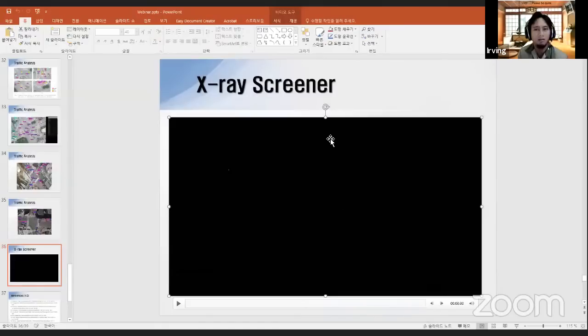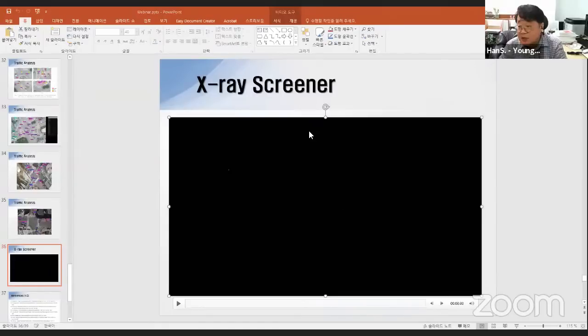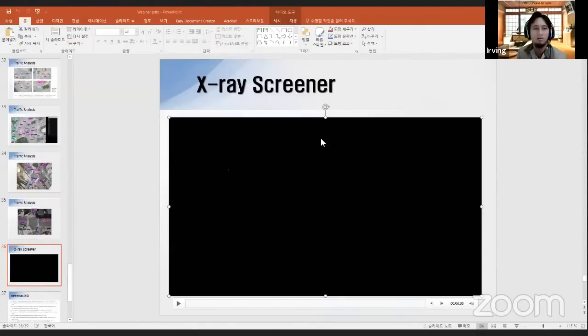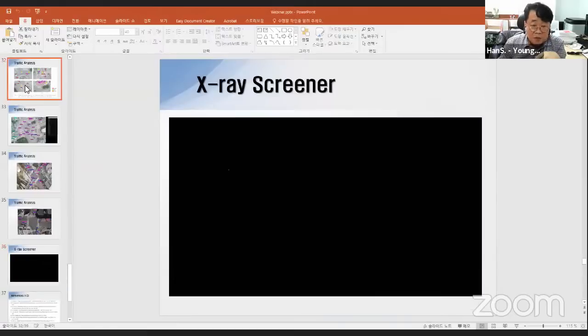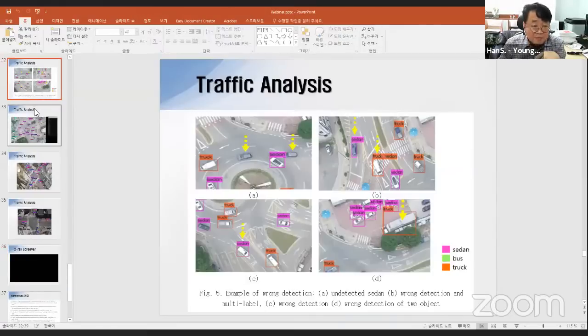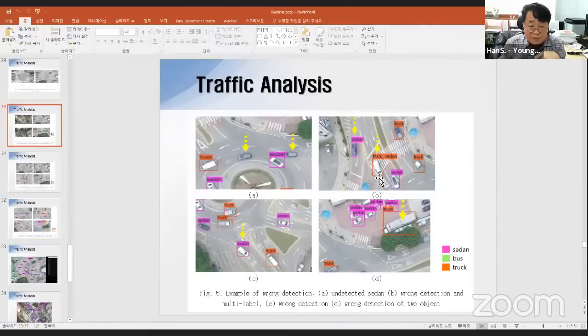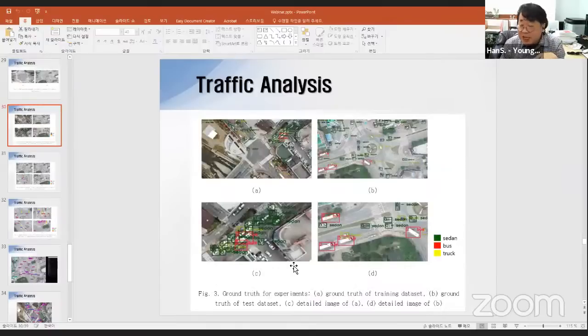So the weight and the dimension are limited, restricted, because if the camera is heavy, the drone cannot carry it up. So the quality of the image from the drone is not good.